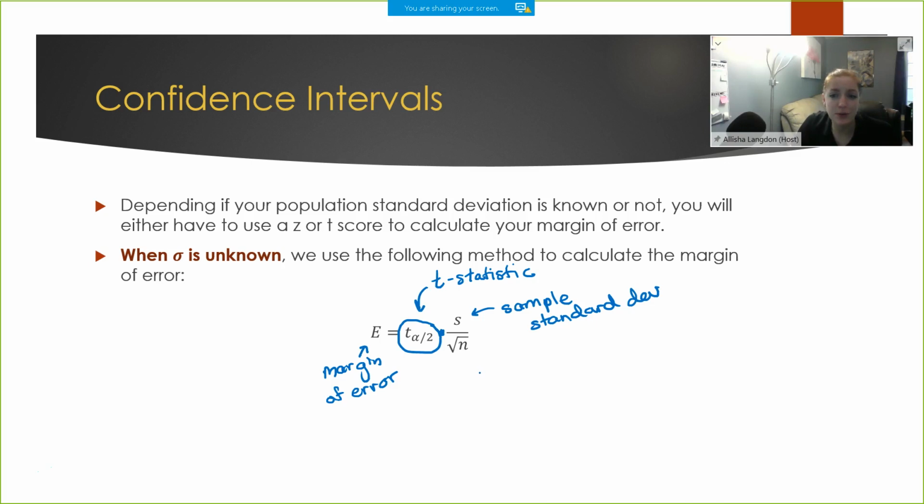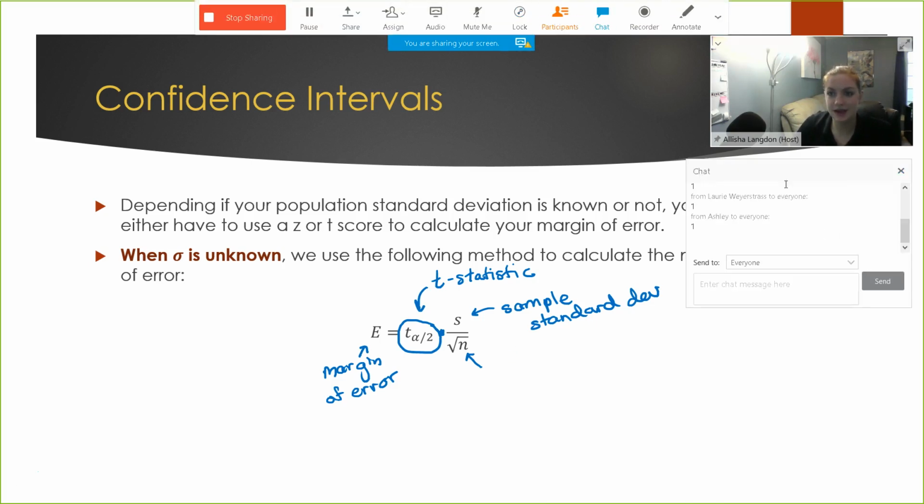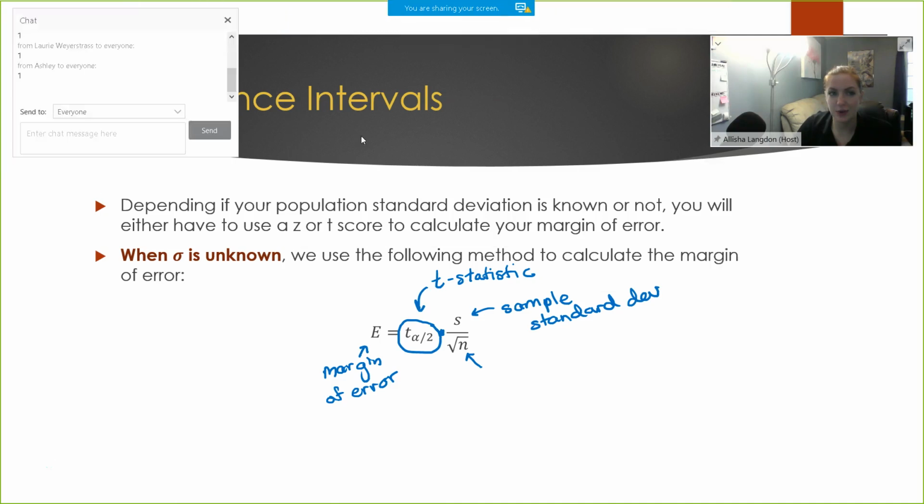Now, does anybody remember what n stands for? I don't know if anybody remembers this. Yay, perfect. It's your sample size. Yeah. How many people are you interviewing? Remember in the beginning when I said your variables are going to come back a lot? They really are.